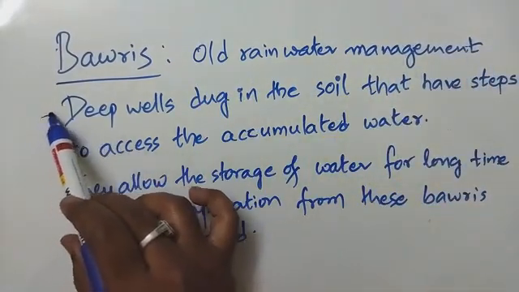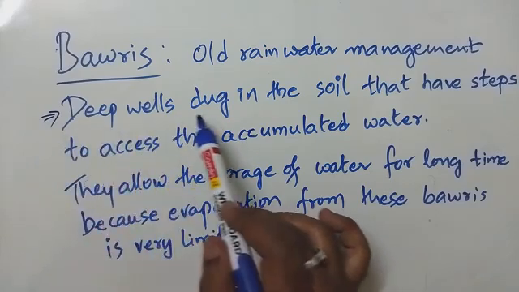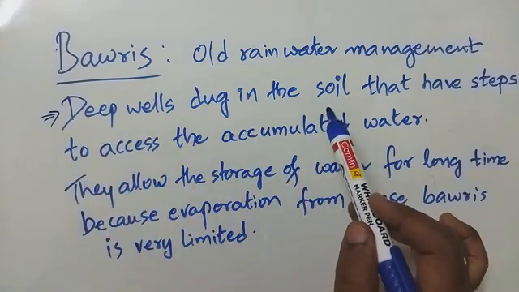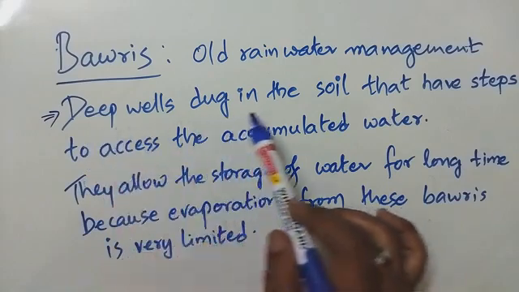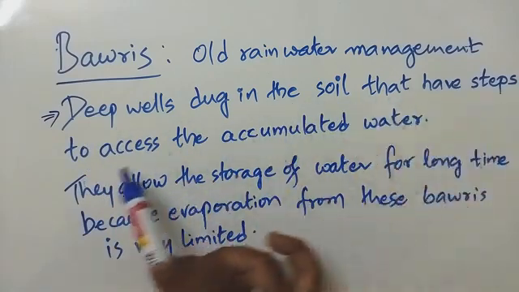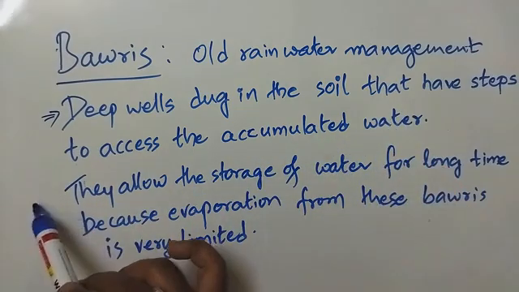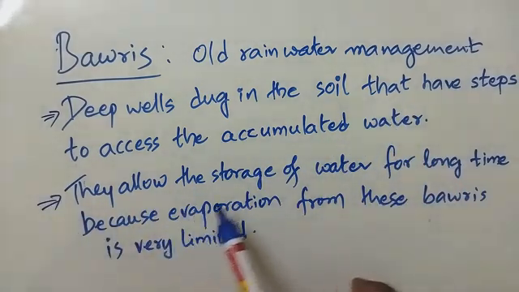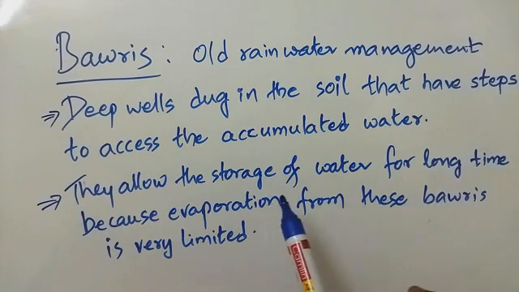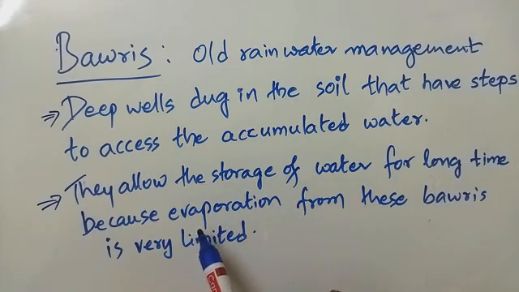In this, deep wells were dug in the soil, and these deep wells have steps to access the accumulated water. These barrages allow the storage of water for a longer time because evaporation from the deeper areas is very limited.